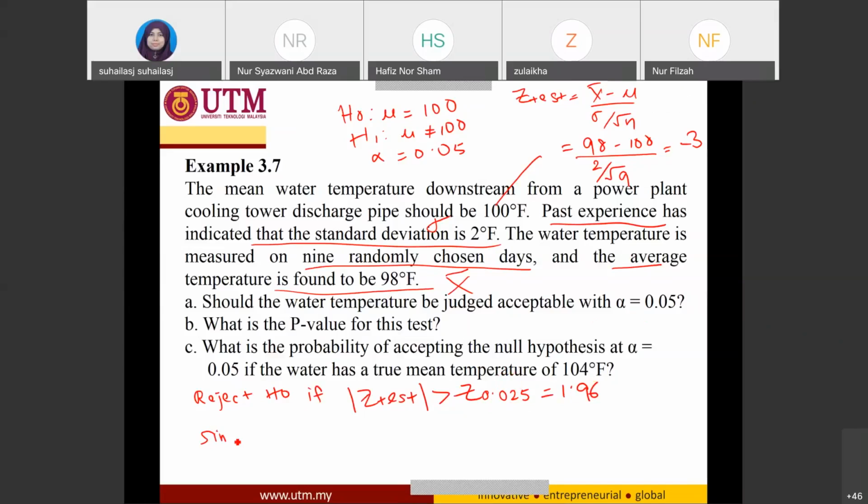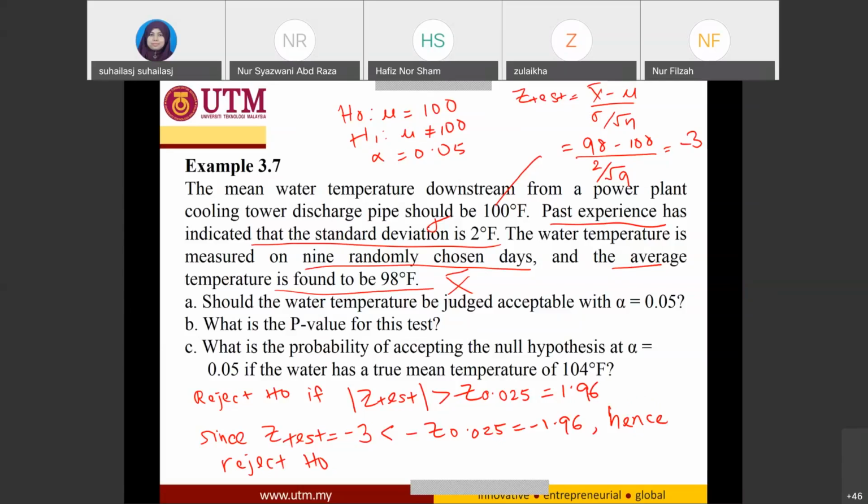Since Z test which is minus 3 is less than minus Z 0.025 which is minus 1.96, hence reject null hypothesis. Since our Z test which is minus 3 less than minus Z alpha over 2, so kita reject kita punya null hypothesis.